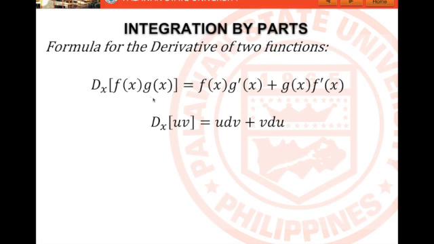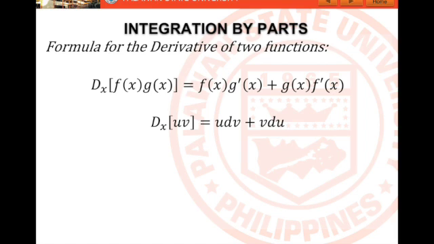So taking the derivative of u times v, that would just be equal to u times the derivative of v, plus v times the derivative of u, or the derivative of uv equals u dv plus v du. This is basically the product rule for differentiation.